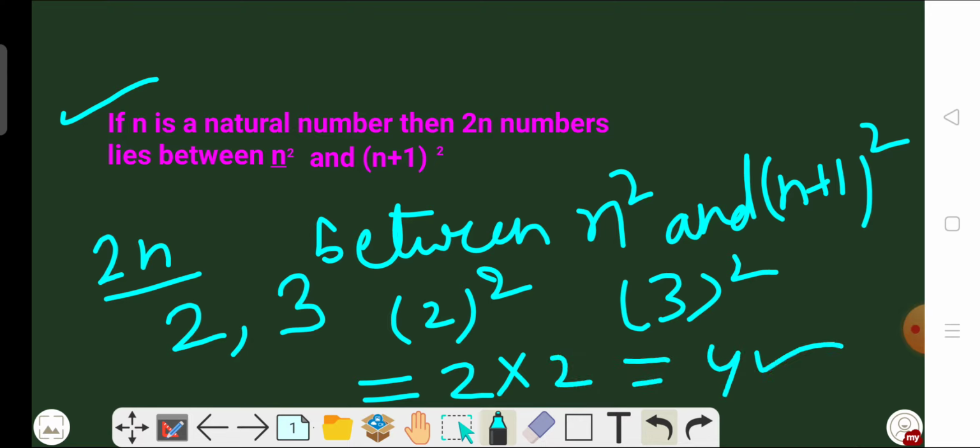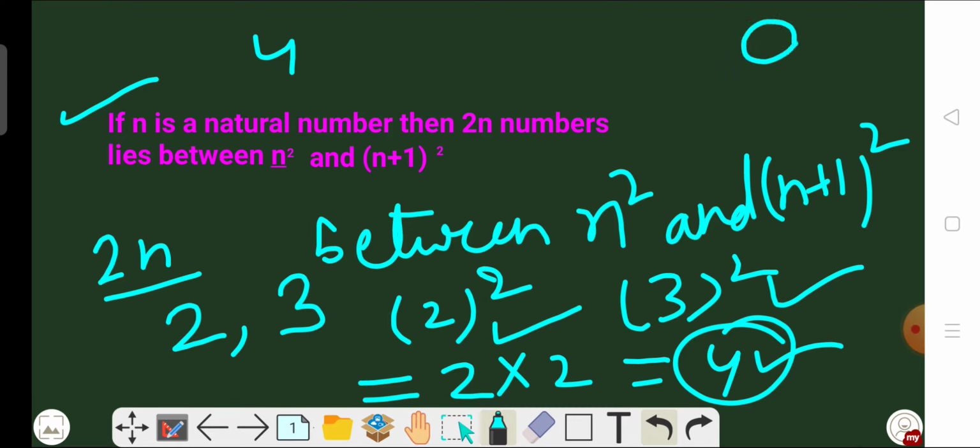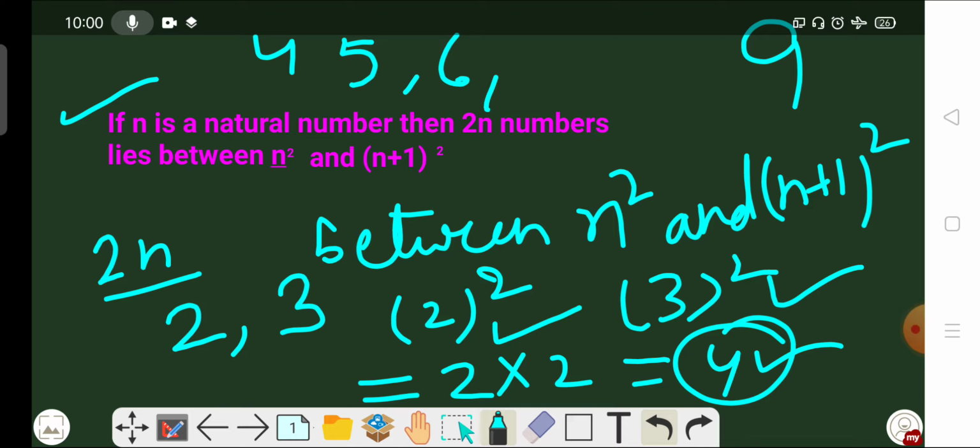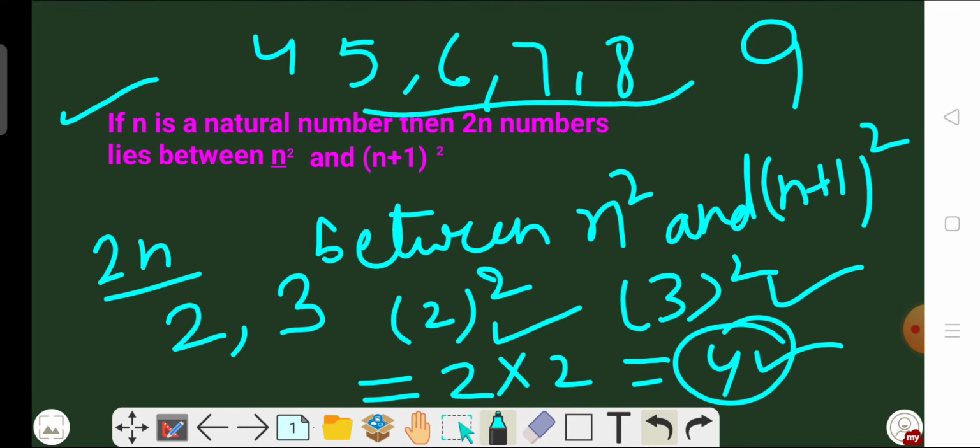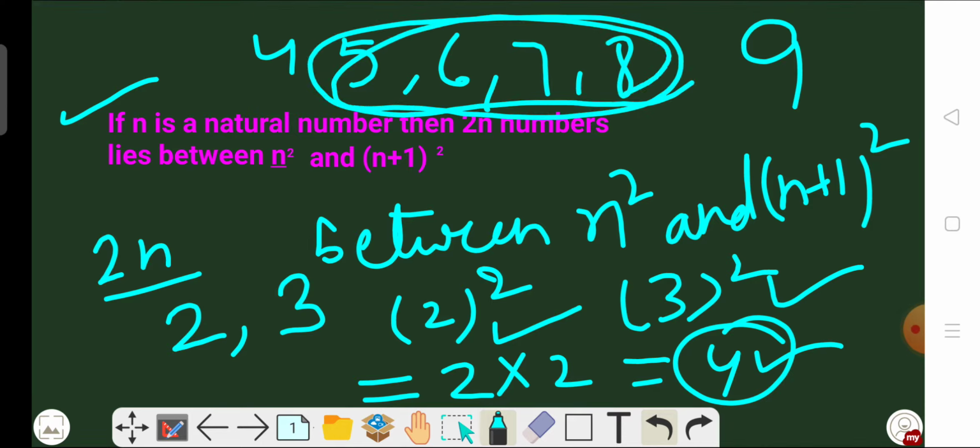It means, beta, there are 4 numbers between 2 square and 3 square. Look here, square of 2 is 4 and square of 3 is 9. So 5, 6, 7, 8. How many are these? 4. So the numbers lying between 4 and 9 are 4. Clear? This is the property.